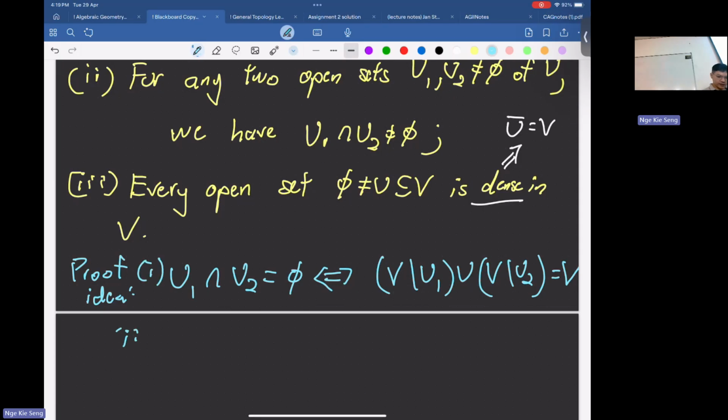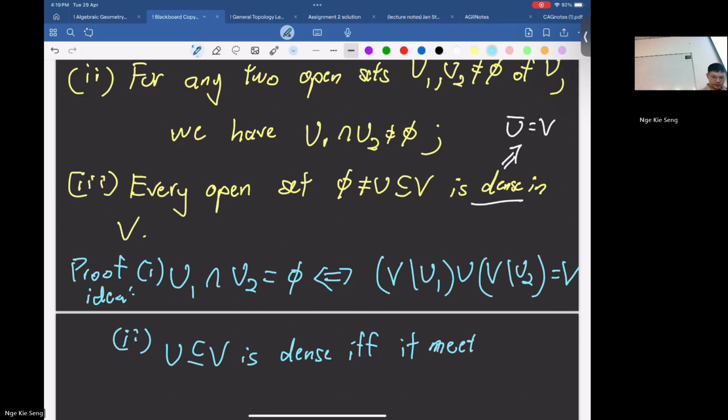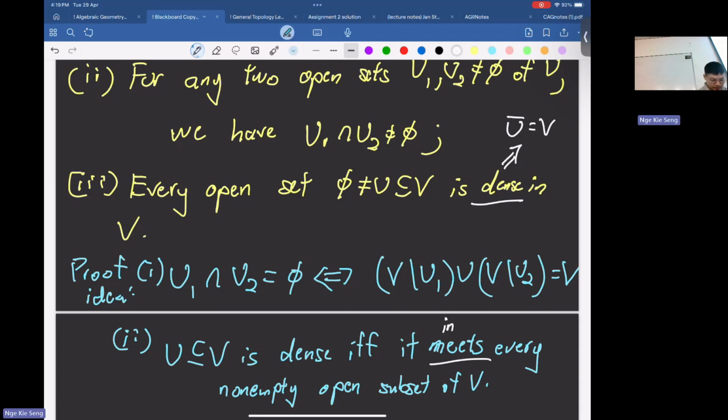The second part is, if U in V is dense, actually you can prove that, we'll prove this in general topology, it means U will meet every non-empty open subset of V. Meet means intersect.